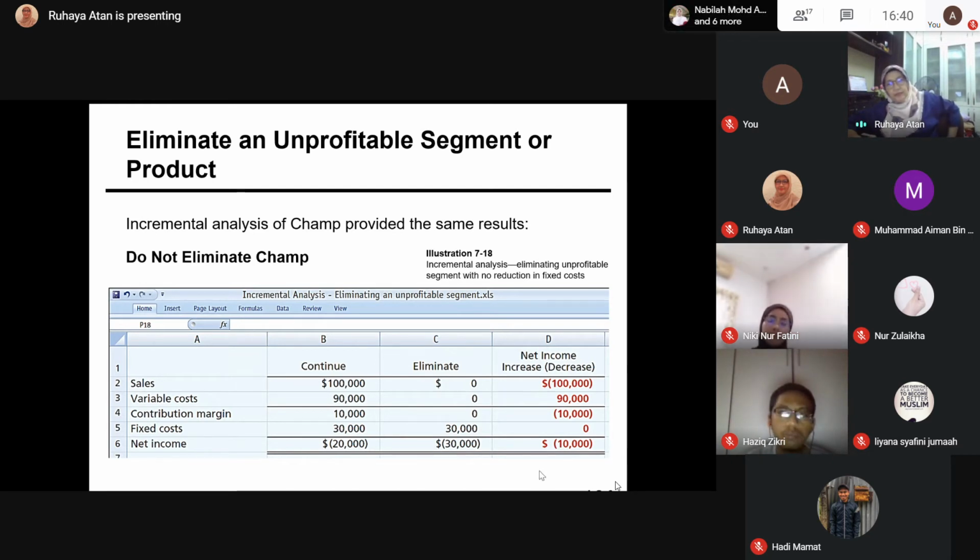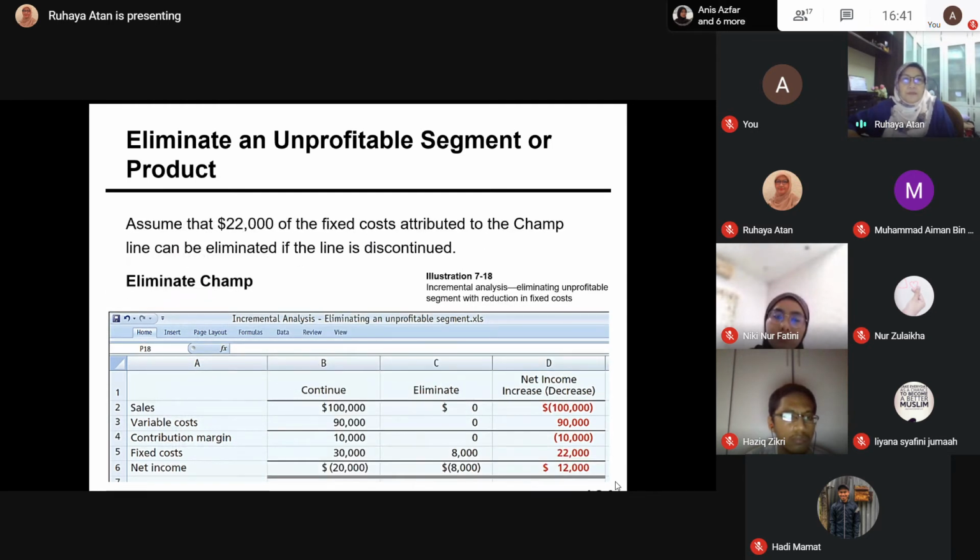Okay. So this is the way of doing the incremental analysis. If you have to face this issue of whether to eliminate an unprofitable segment or not. Okay, so again, you are looking at the incremental difference here, whether it is an advantage to you or not.